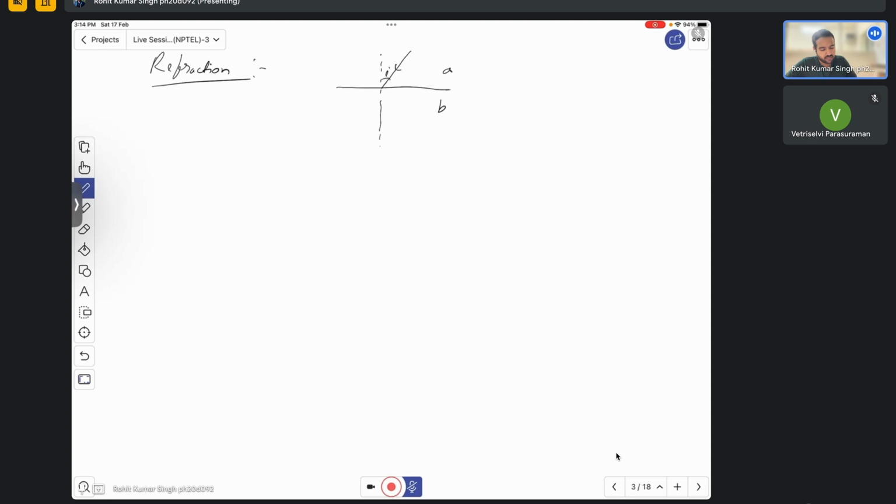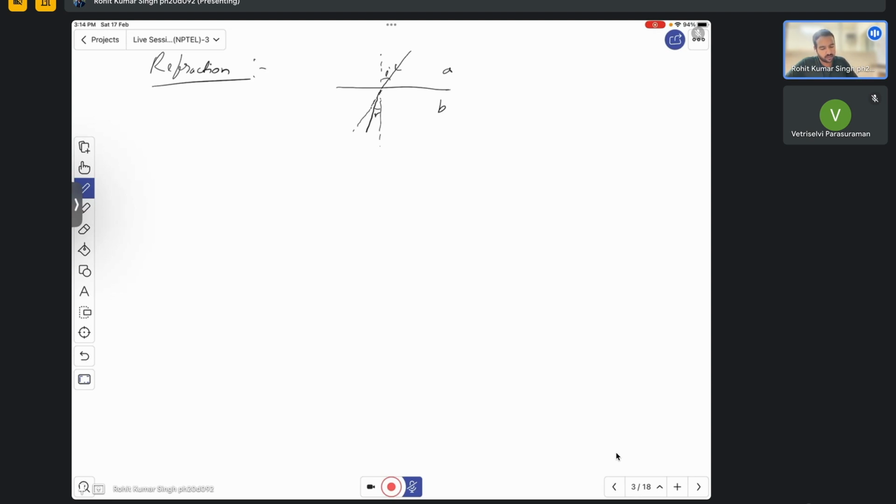If B is optically denser than A, then this light ray will bend towards the normal. It should have gone like this, but because B is optically denser than A, it bends like this, and this is the angle of refraction.